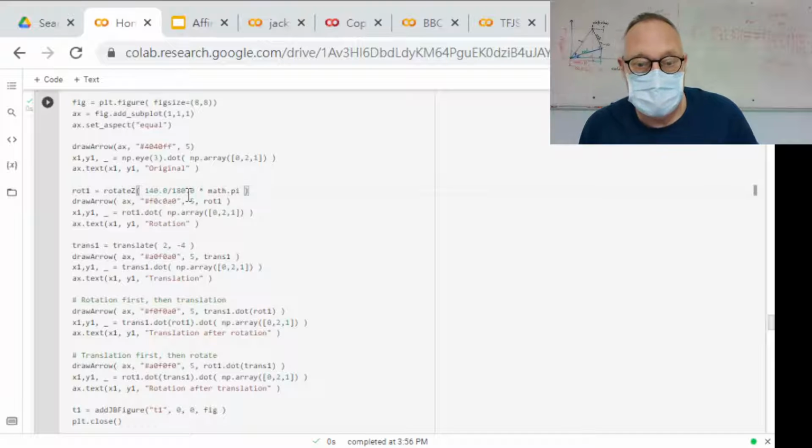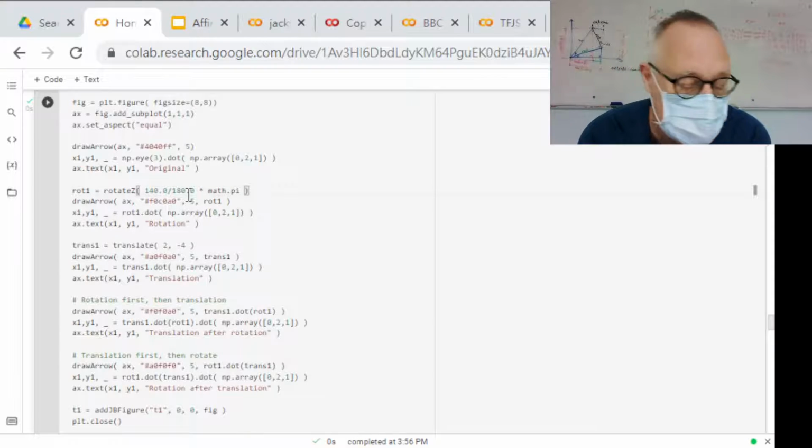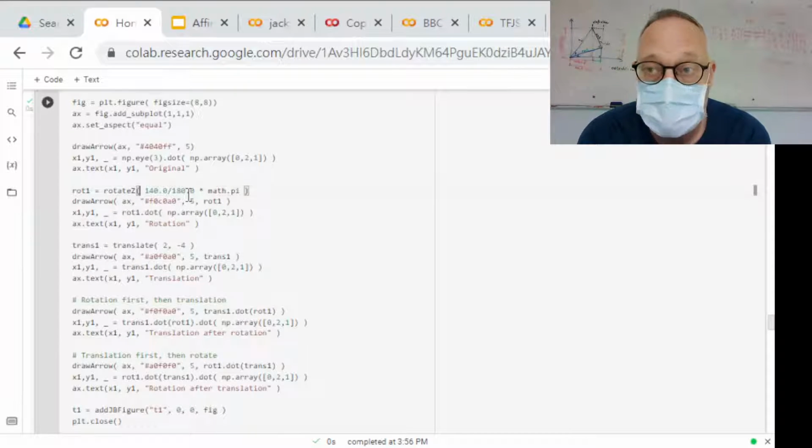And also, if you write code for doing these kind of computations, then it's always a good idea to keep all your angles in radians, because cosine, sine, tangent, all require angles in radians, not in degrees.